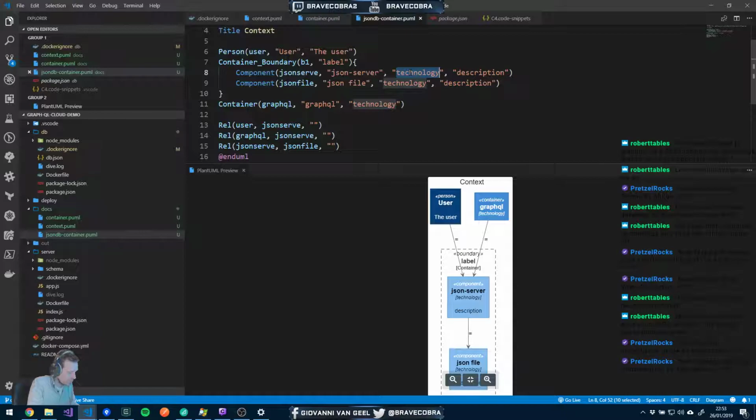Oh, okay. So this is a Node.js. This is a file. So this is going to be an HTTP service.